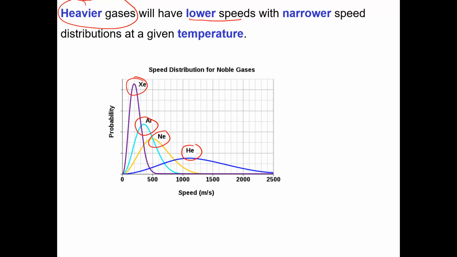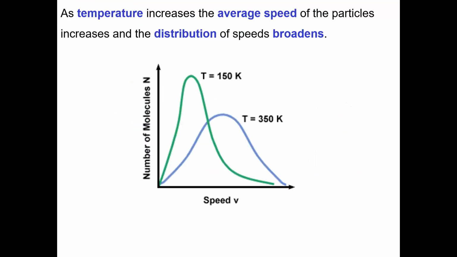And so this is looking at the noble gases, which increase in mass as we go down the group, and you can see that an exact phenomena is occurring as we get to heavier gases at a given temperature. The distribution of speeds becomes narrower and slower.